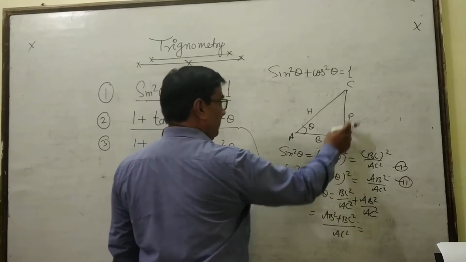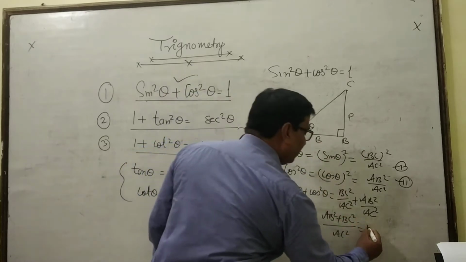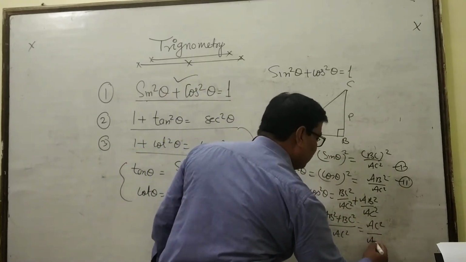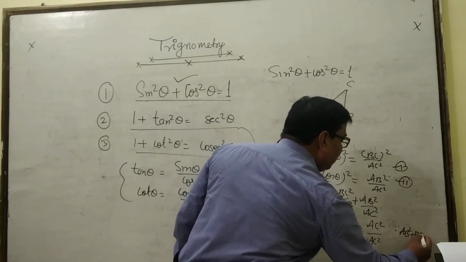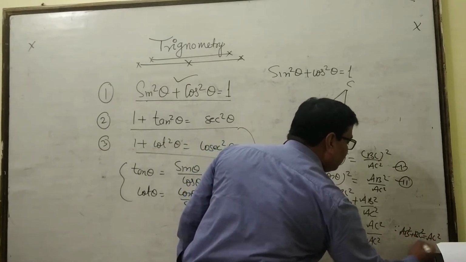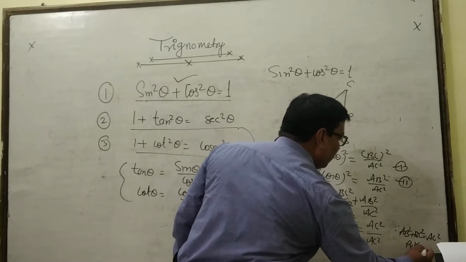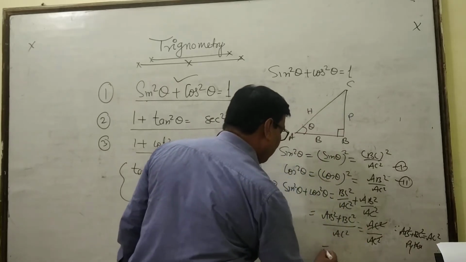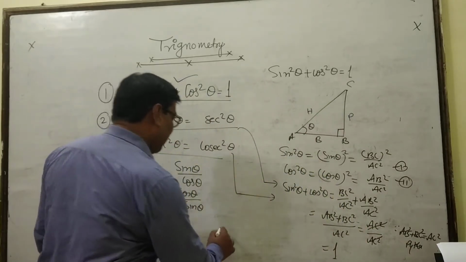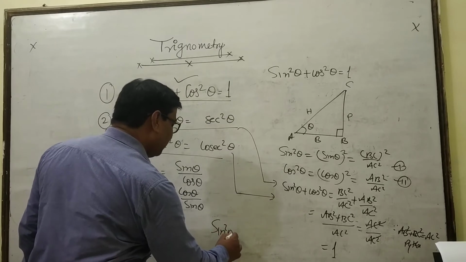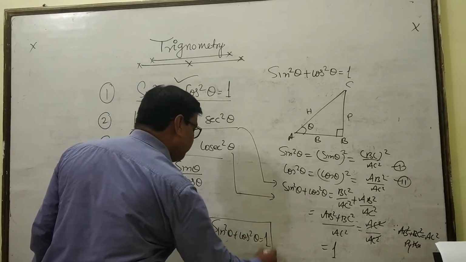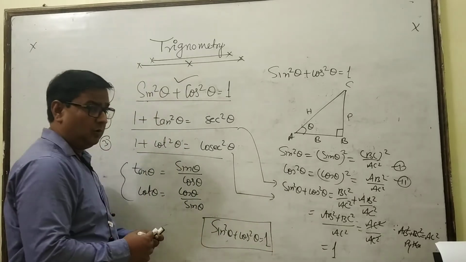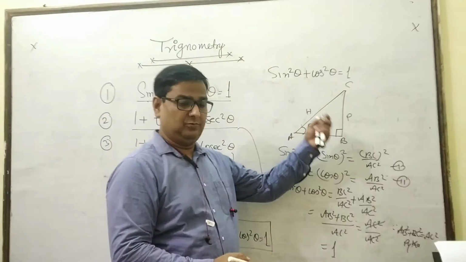AB square plus BC square is AC square by Pythagoras, so you will get 1. So you can write here sine square theta plus cos square theta is 1. So a very simple proof, only you have to put the value.